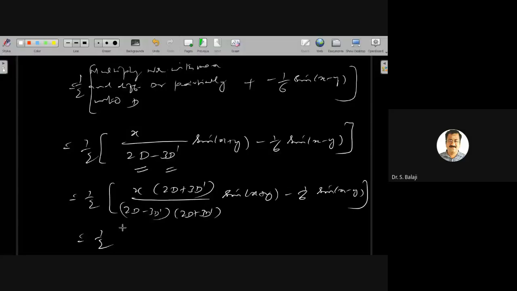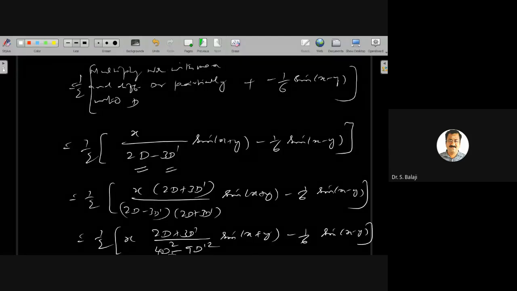You have to take this x outside of the further operations. Then you get 2d plus 3d dash divided by a square minus b square, a plus b, a minus b. You have to keep this one only for further operations: 1 by 6 of sine of x minus y.